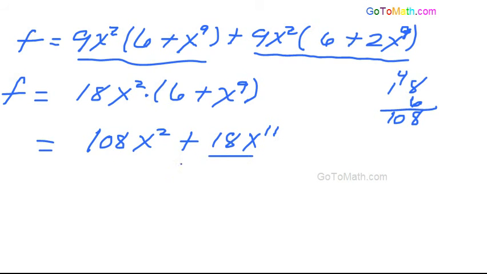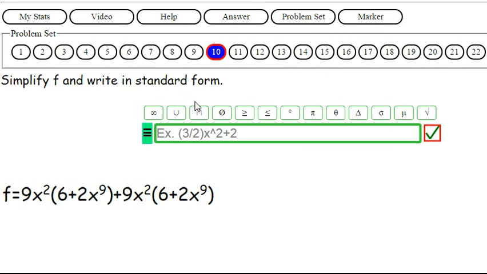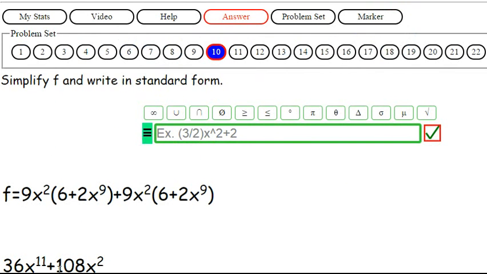Then we write this in standard form, and we end up with 18x to the 11th plus 108x squared. Where are we at? I don't believe that's correct. 9 and 9 is 18.